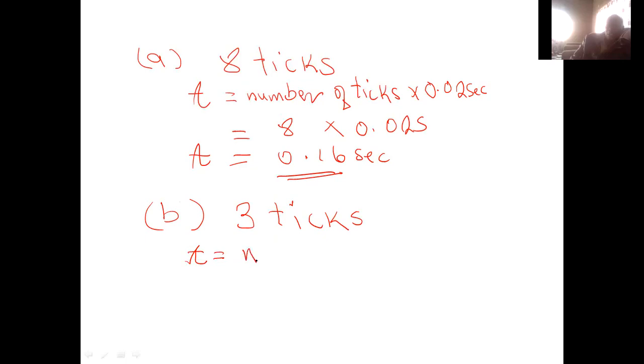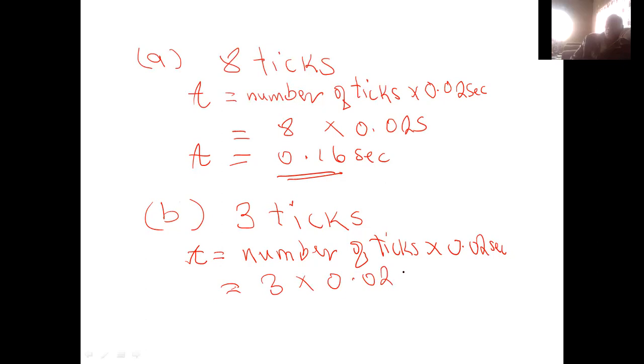It is equal to the number of ticks multiplied by 0.02 seconds, which gives us 3 multiplied by 0.02 seconds, which gives us 0.06 seconds.